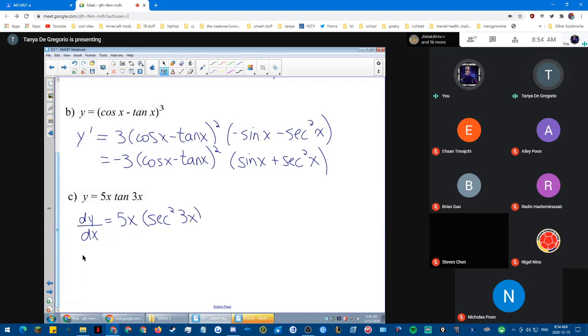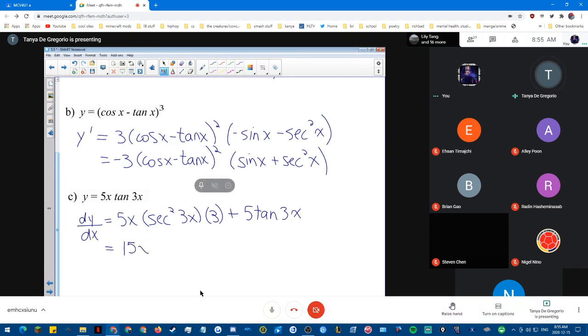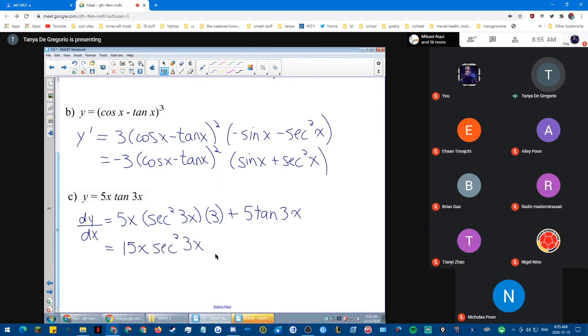Excellent. Perfect. Beautiful. Yeah, we're going to simplify here, no problem. It goes 15x secant squared of 3x plus 5 tan 3x.